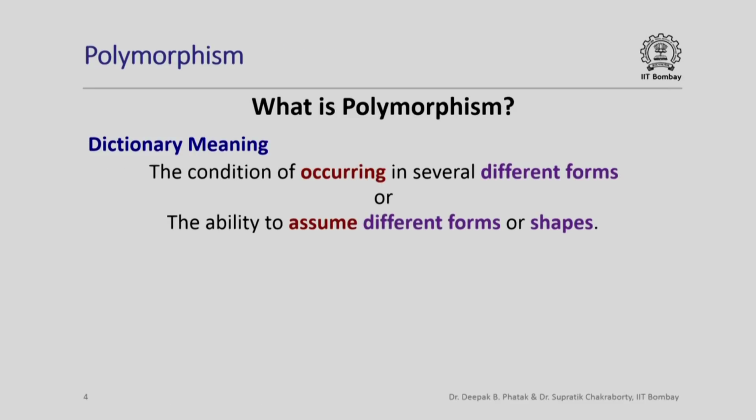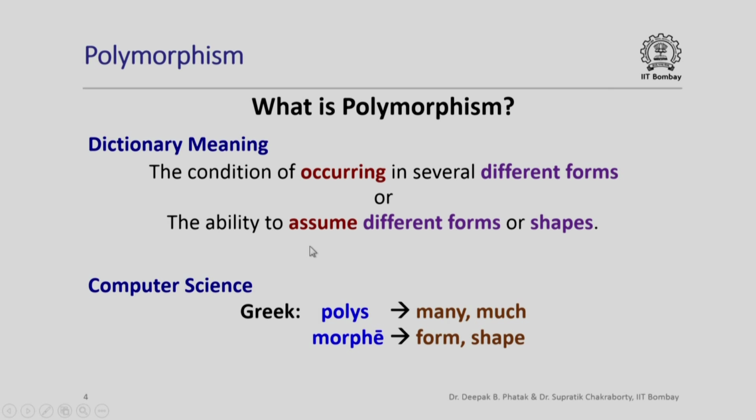So, what is polymorphism? The dictionary meaning of polymorphism is the condition of occurring in several different forms or the ability to assume different forms or shapes. And in computer science, we pretty much use it in the same sense, and you see this word polymorphism has these two parts.